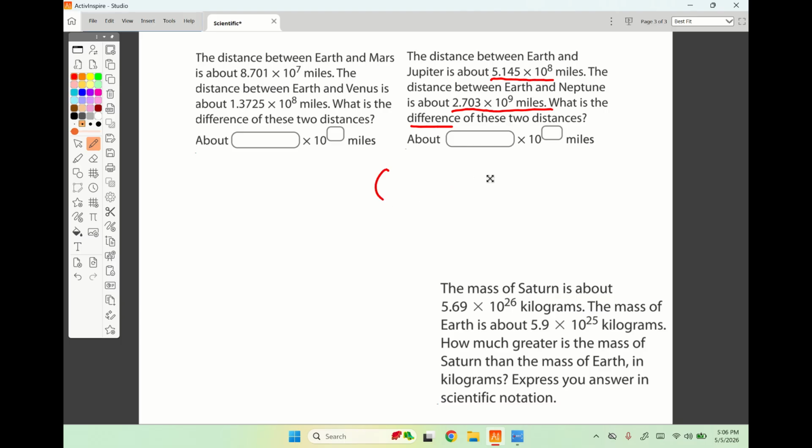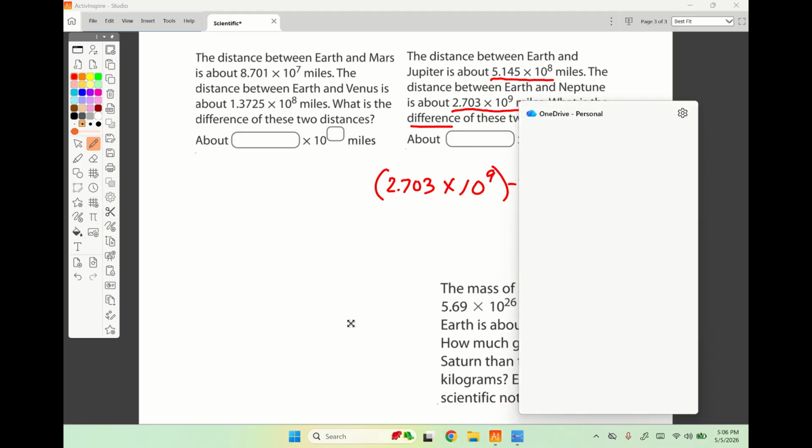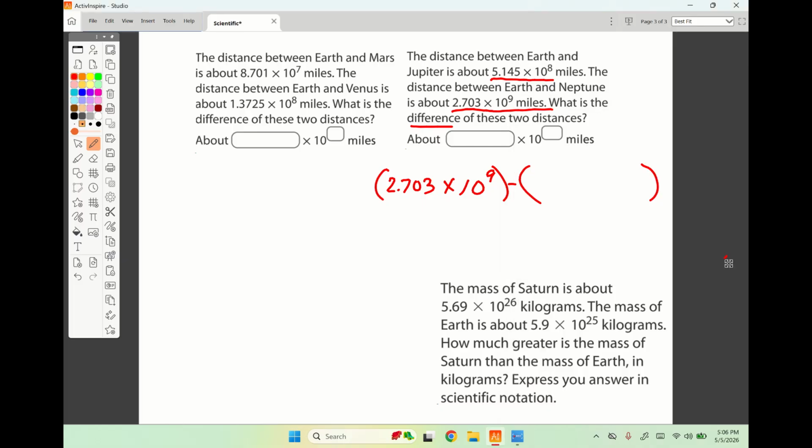Now those don't match, so we're going to move it once to the left so we can make that a 9. And now we can subtract the values. 2.703 minus 0.5145. That gives you 2.1885 times 10 to the 9th power.